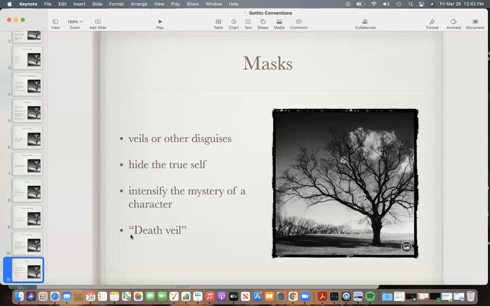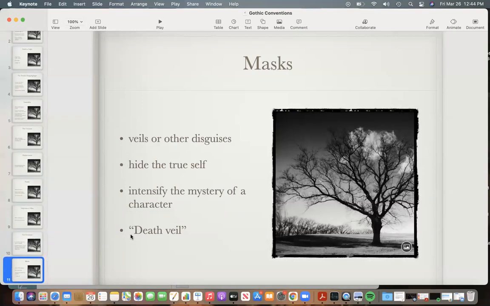If you guys haven't seen that, it is super freaky, and it's about this little girl who gets adopted by a family, and then, spoiler alert, if you haven't seen this movie, at the end it turns out that she's actually an old woman who just has a weird disorder that makes her really small, but she just puts on a disguise. She wears all this makeup and fake teeth and stuff to make herself seem like a little girl. It's so weird and creepy. But it's meant to hide her true self, and that's what masks do.